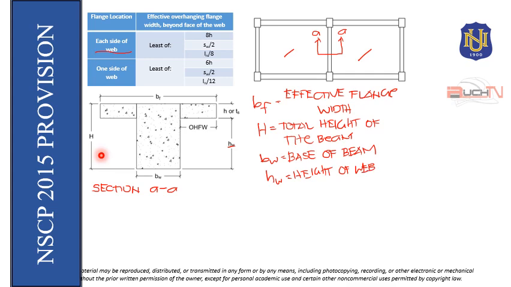Then, meron din tayong small letter h, or yung sinasabi nating T sub S, which is the thickness of slab. Then, the last one is yung OHFW, which is the overhanging flange width.